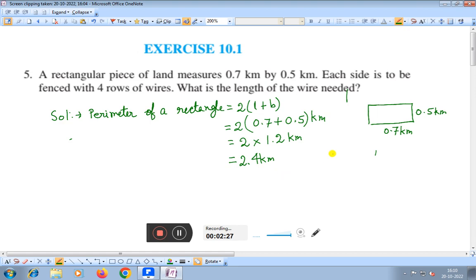Now the perimeter means 1 row, and if we have to find the 4 rows, we have to multiply this 2.4 with 4, right?